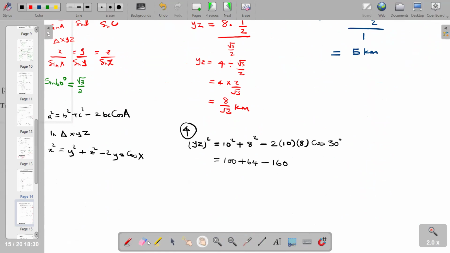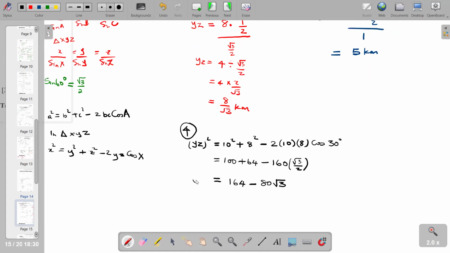If we simplify that, it's going to be 100 plus 64, so 164, minus 80 multiplied by root 3.